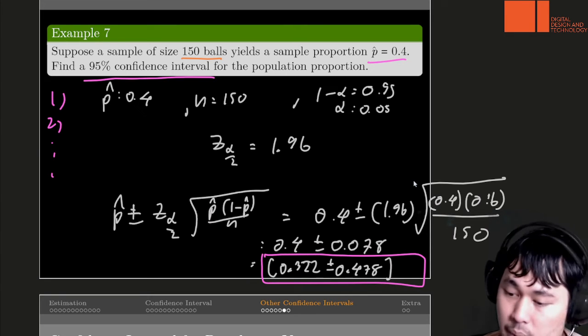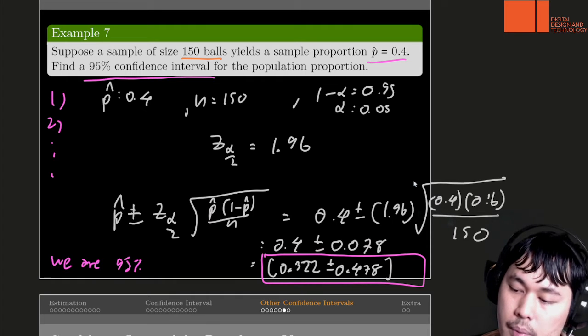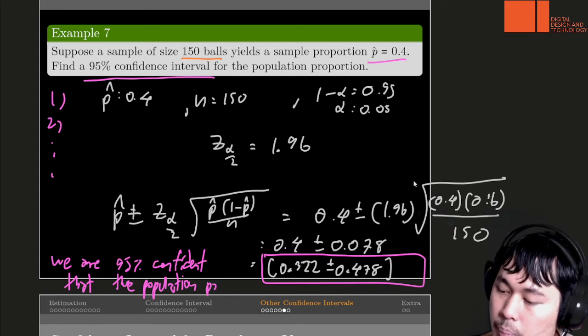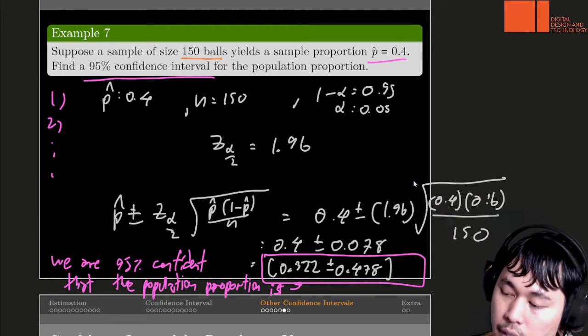So here the conclusion would be that we are 95% confident that the actual, or the population, in this case we are dealing with the proportion, is inside this range.